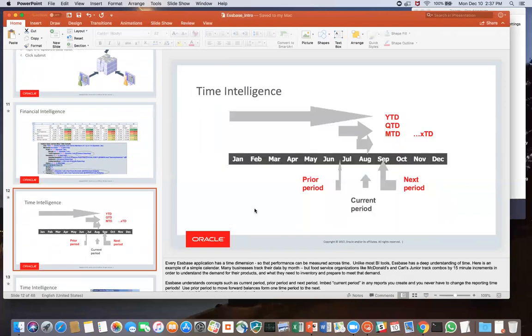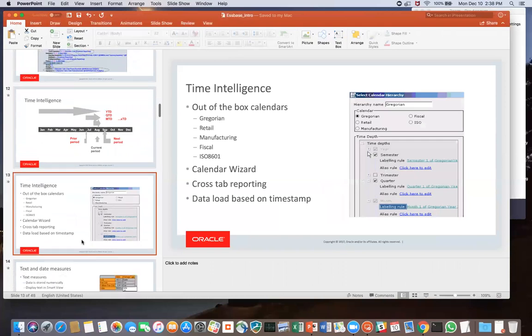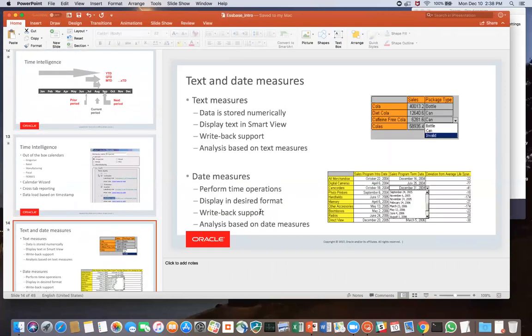So time intelligence is another critical need. So basically these are all very primitive operations that are supported by the Essbase data structure, right? You can quickly find out year to date, quarter to date, month to date, and so on, right? And various types of calendars are supported.